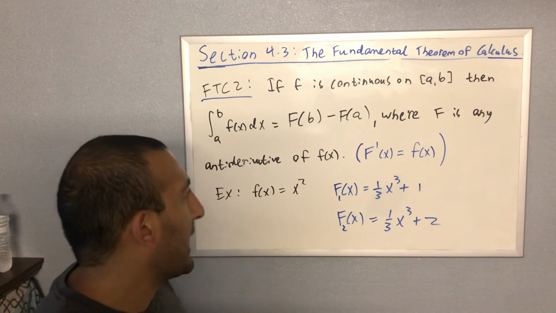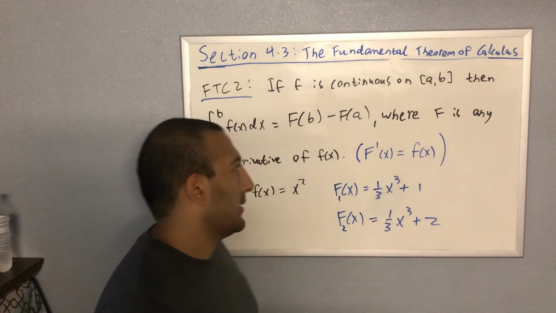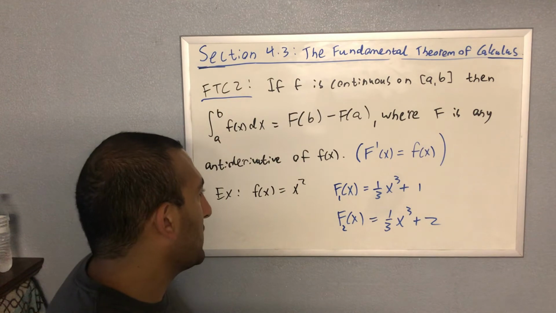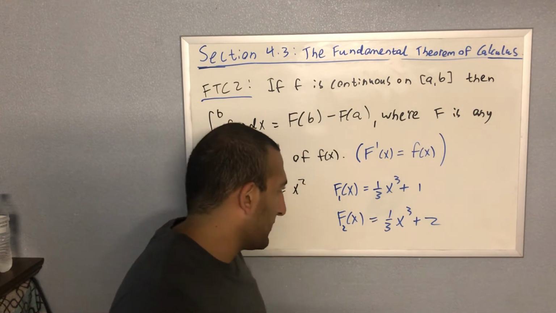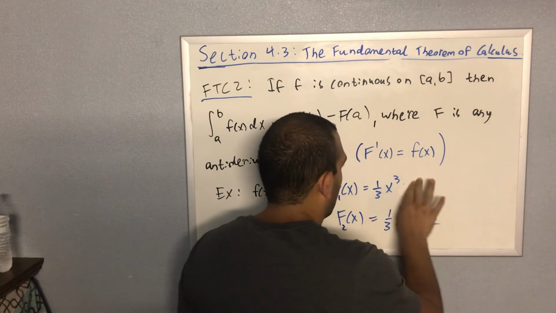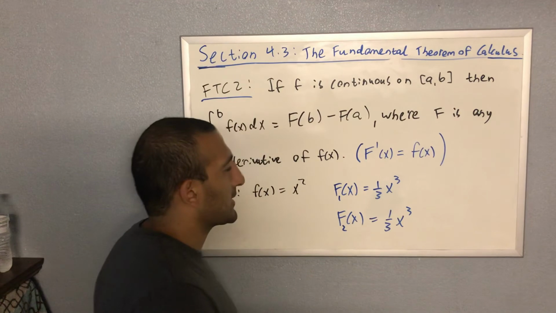That's what it means to be an antiderivative. It's saying for any antiderivative, this will work. But to save you some hassle, you can just consider the easiest antiderivative, where you don't add anything, where the constant is 0. Just 1/3 x cubed.